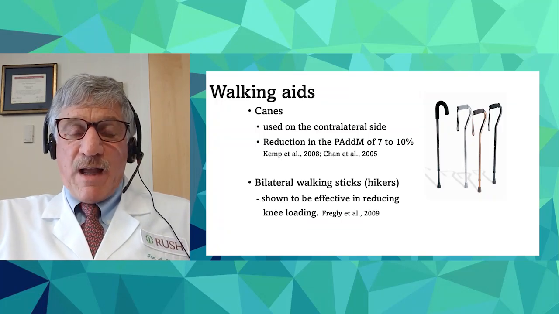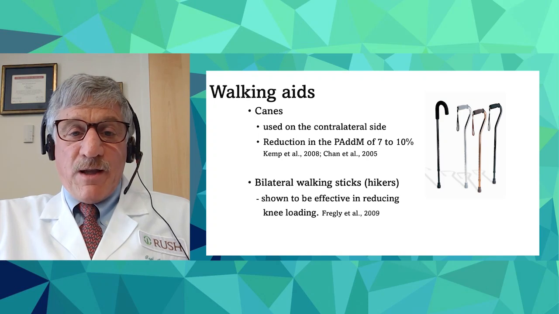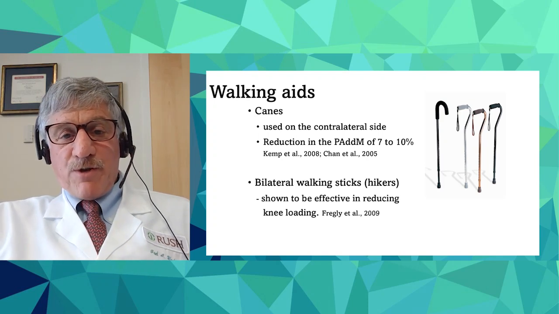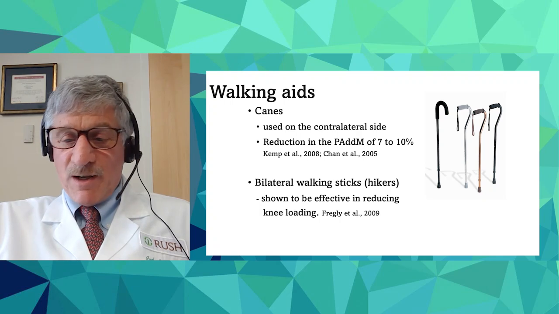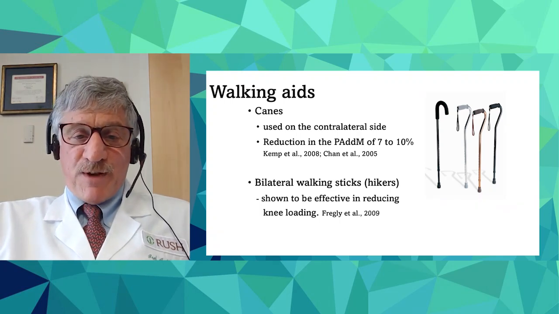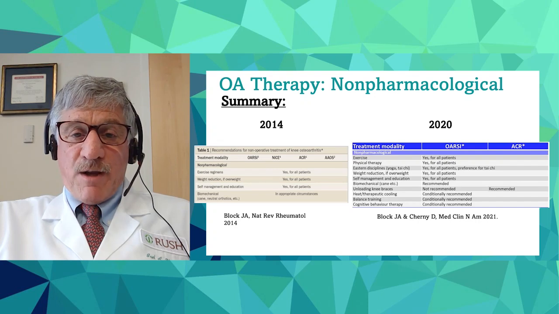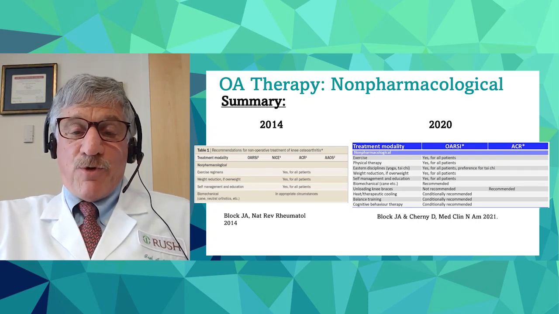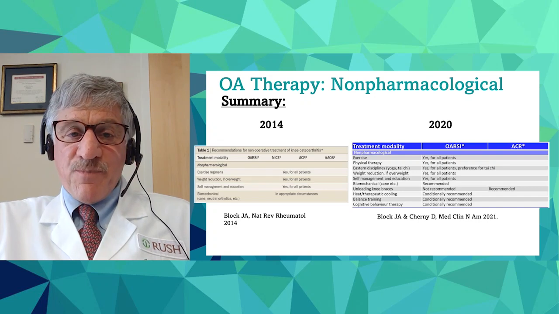Just using a cane in the contralateral arm of a lower extremity OA joint can reduce the load across that arthritic joint by about 10%, even more effectively with bilateral walking sticks, but most people don't find those very useful. So there's been a great deal of advance in knowledge and therefore changes in our guidelines between 2014 and current.